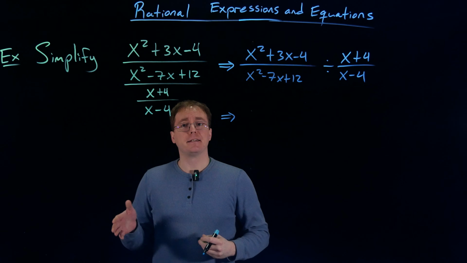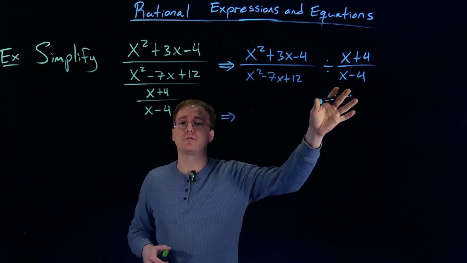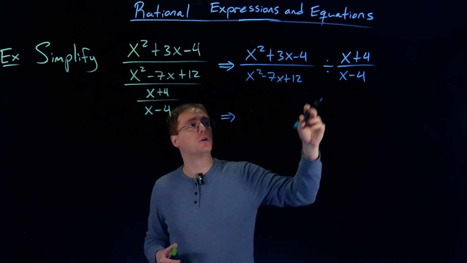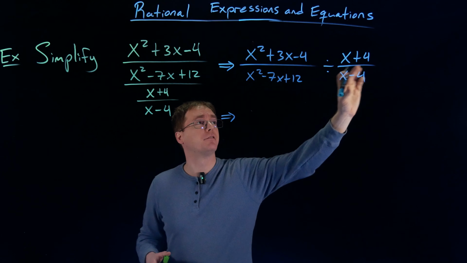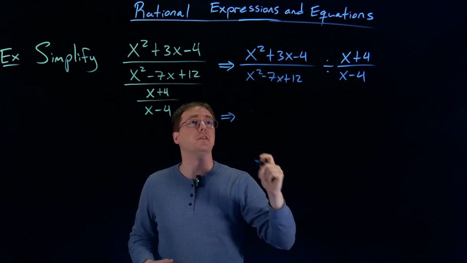And so the reason I recommend taking a complex fraction like this and rewriting it as a quotient of two fractions is so that we can use that division rule that says if we're ever dividing by a fraction, we can rewrite it as a multiplication problem. Dividing by a fraction is the same as multiplying by the reciprocal of the divisor.